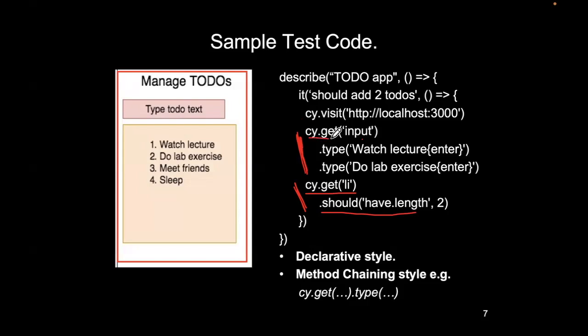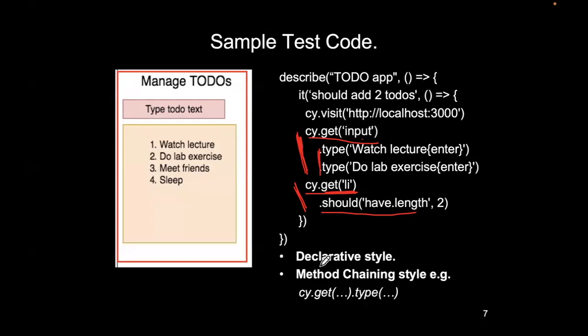Here we're trying to locate an input or a text box. Here we're interacting with that text box. Here we're trying to locate li elements, and we're not interacting with them at all, but we're making an assertion or expectation statement about what I get back from it. I should say that the cy.get input here could have returned an array as well, but because there was only one text box, that didn't arise.